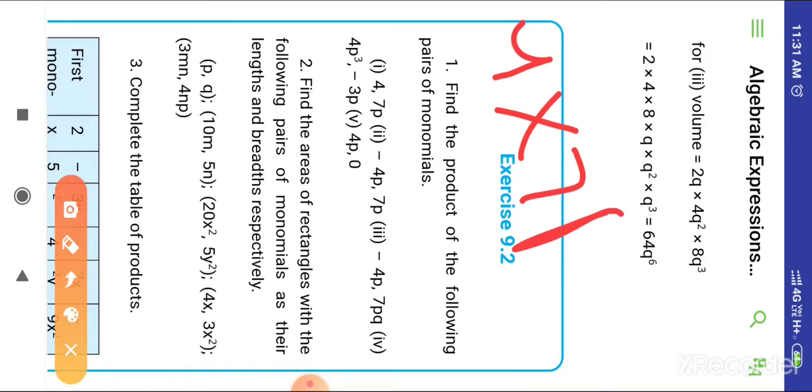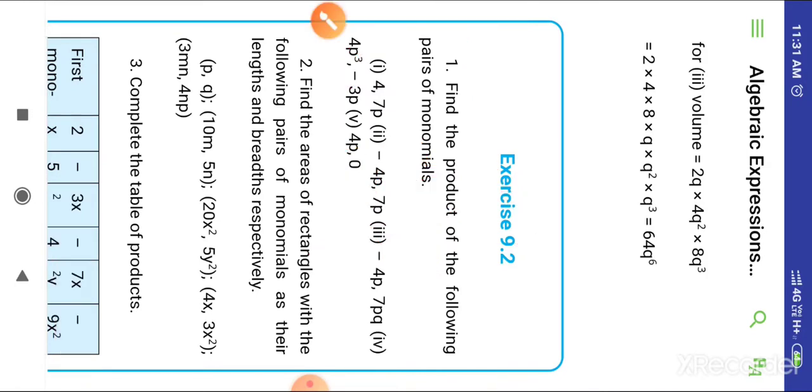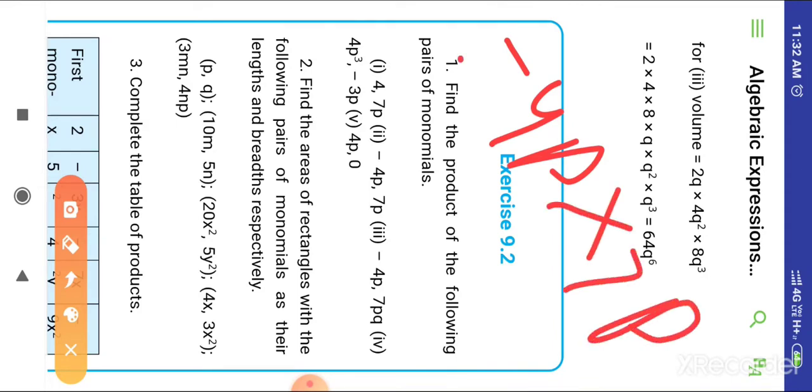So first we are going to find the people present per kilometer square. For this we divide the population of that particular state by its area. So in Rajasthan population is 570 lakh and area of Rajasthan is 3 lakh kilometer square.